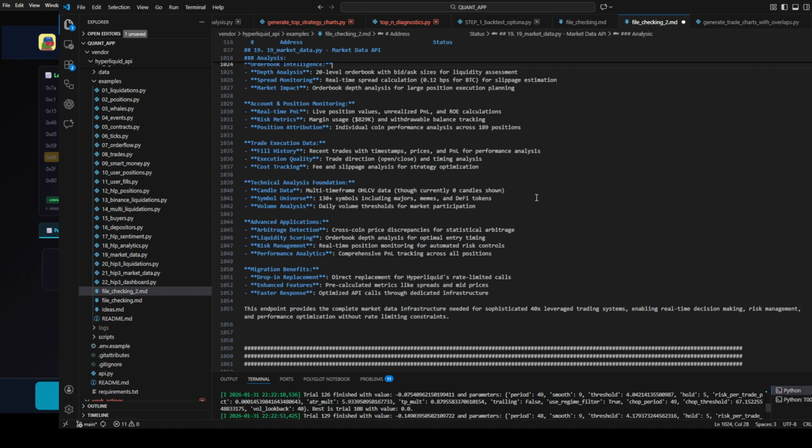Faster response, optimized API calls through dedicated infrastructure. This endpoint provides the complete market data infrastructure needed for sophisticated 40x leverage trading systems, enabling real-time decision-making, risk management, and performance optimization without rate-limited constraints.